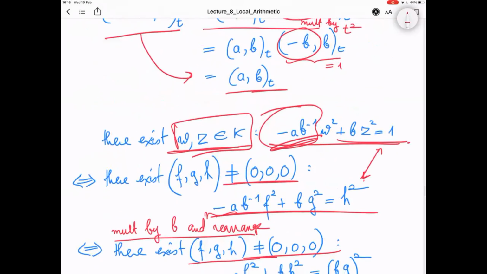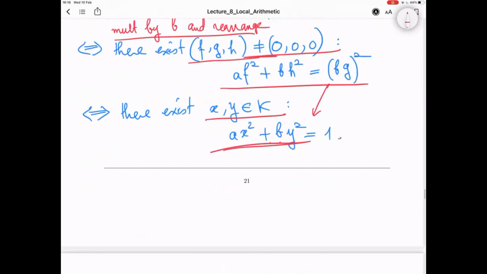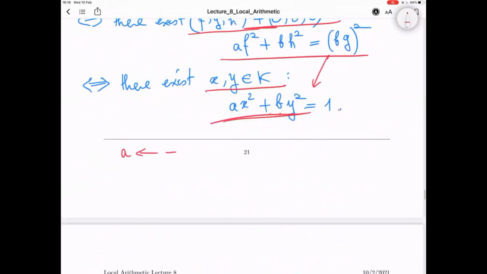But what does that do? What does replacing a by minus ab inverse do? We were looking at the case where the valuation of a and b were equal to 1 and 1, right?